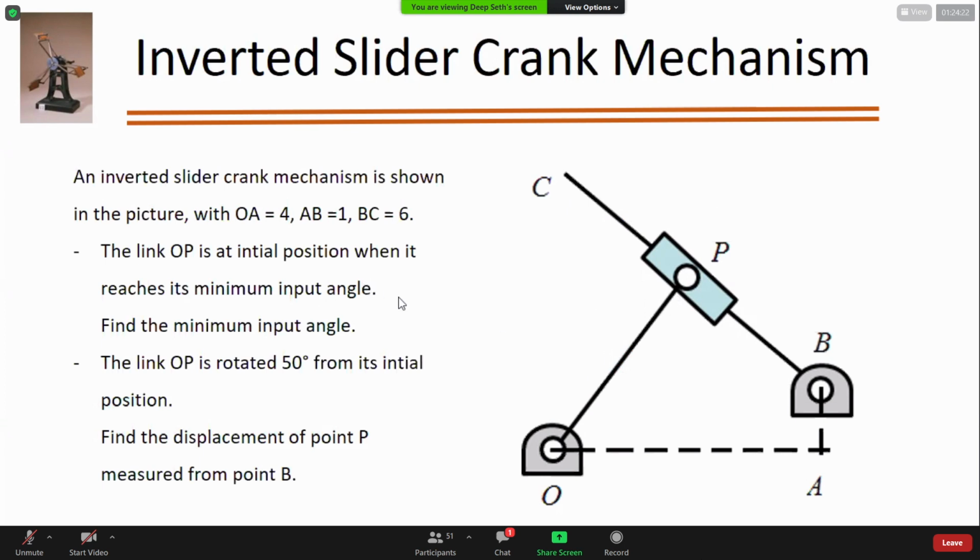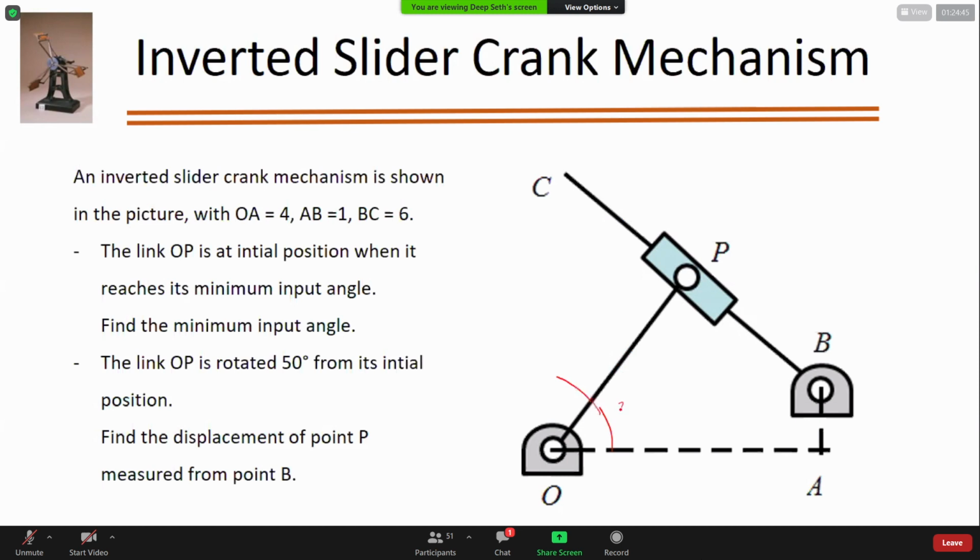When it reaches its maximum input angle, we have to find the minimum input angle. And the link OP is rotated 50 degrees from its initial position.